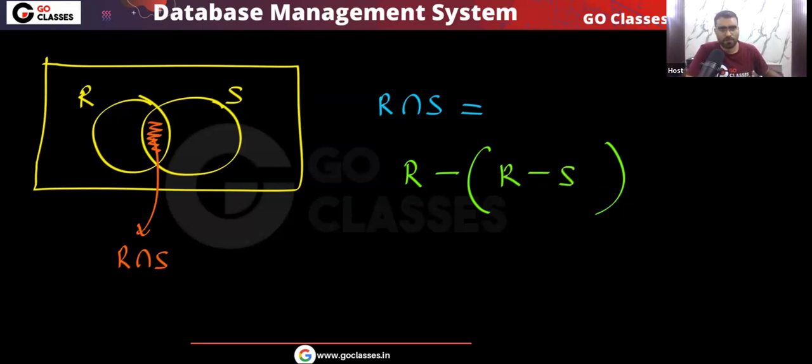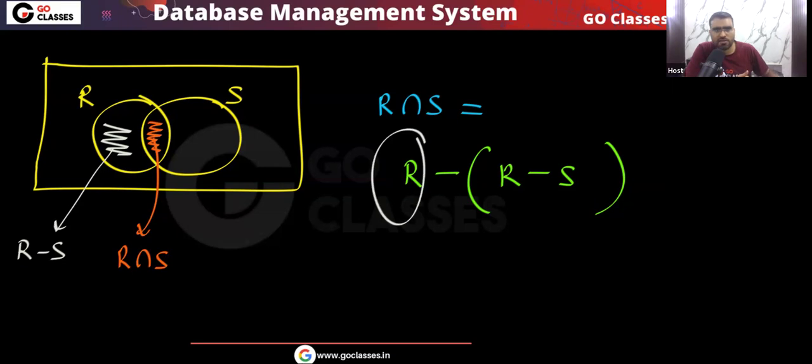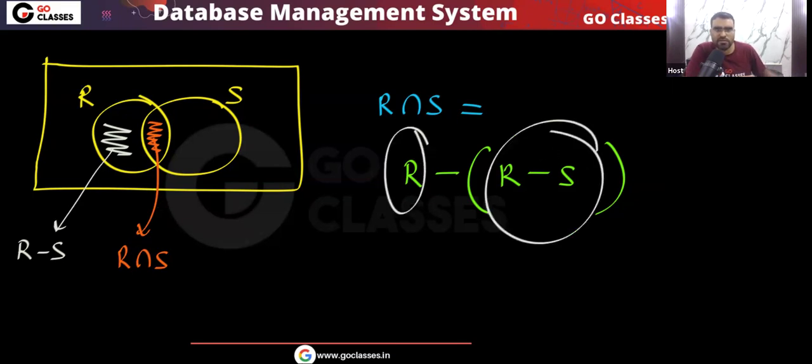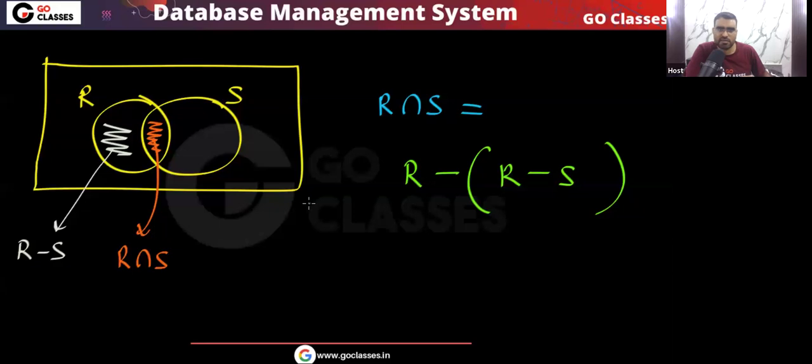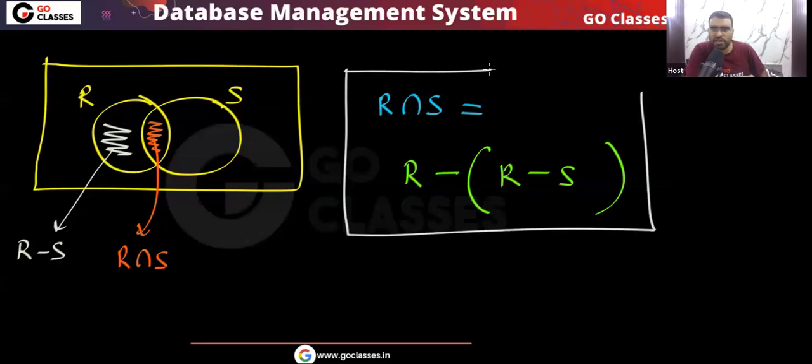Just think about it. See, this white is your R minus S. From R, if I remove this white, will I get R intersection S? Tell me. Yes. Okay, so very simple. Like this, you can write intersection in terms of difference.